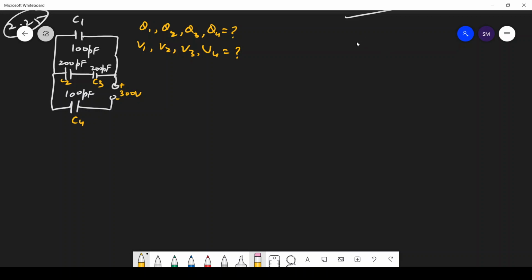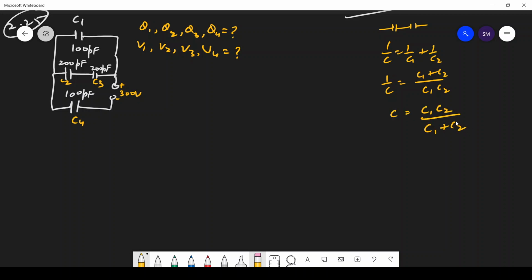So students, if capacitors are connected in series, then 1 by C is equals to 1 by C1 plus 1 by C2. Can we write it like this? C1 plus C2 upon C1 C2, and can we write that C is equals to C1 C2 upon C1 plus C2?